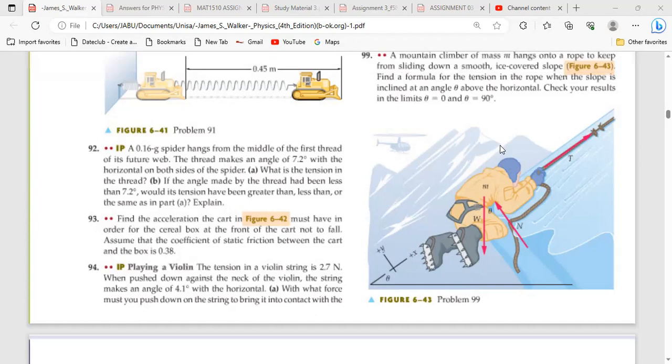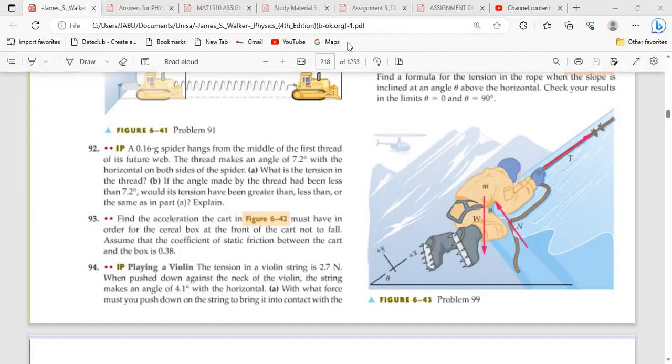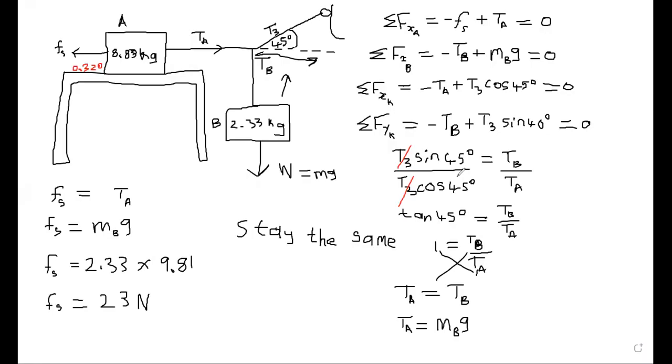So what is the strategy? Let me first draw this climber so that we can make our own lives very easy. Okay, I'm going to draw him here.